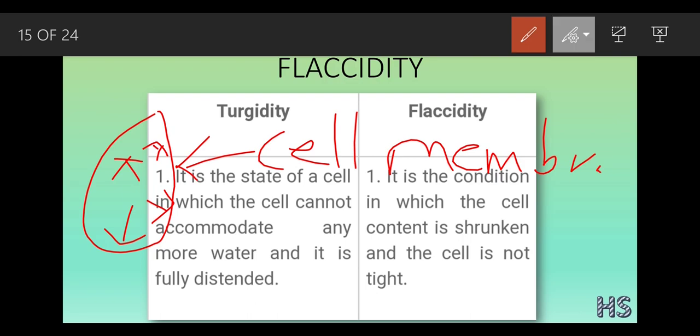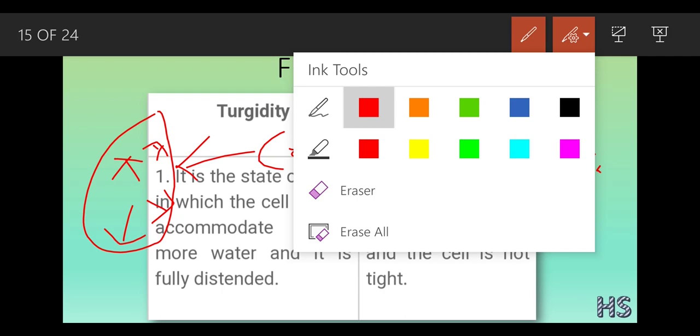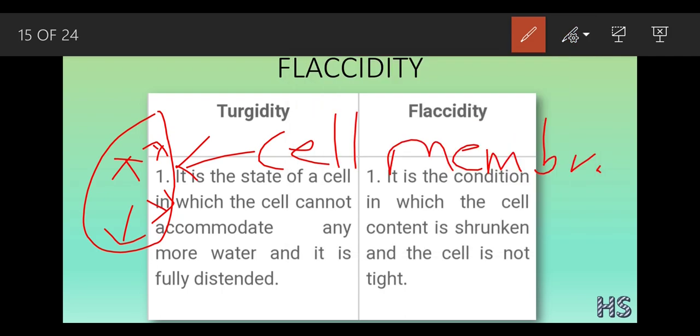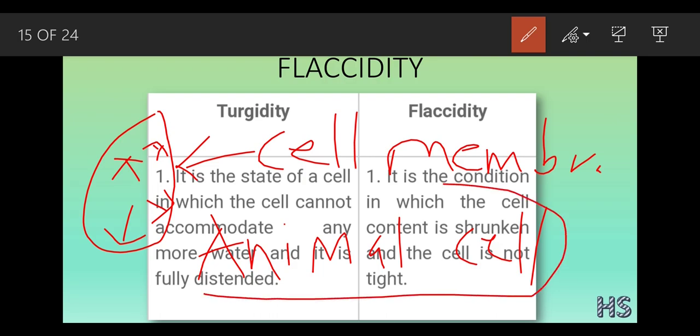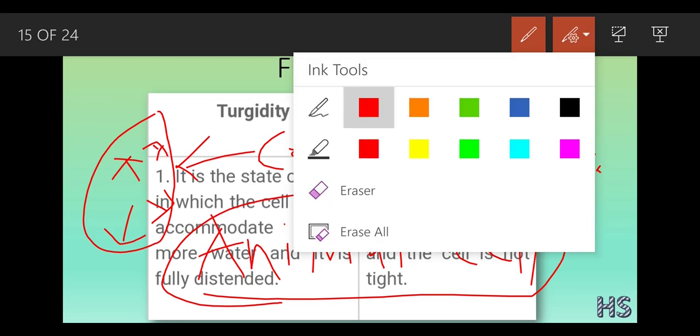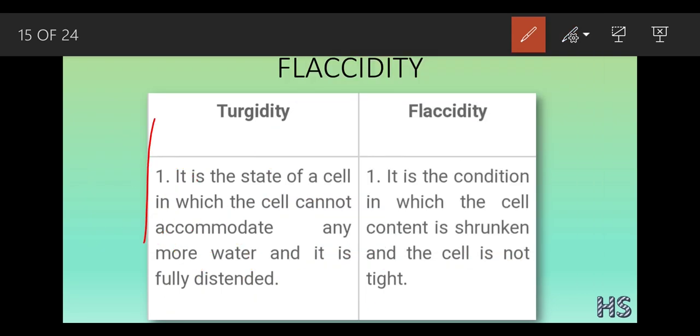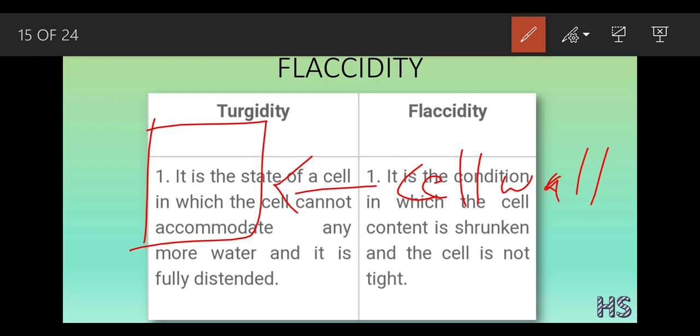This condition is only possible in the animal cell. It can't take place in the plant cell. Why? Because if you look at the plant cell, the outer wall is called the cell wall. It has two layers, the cell wall and the cell membrane.